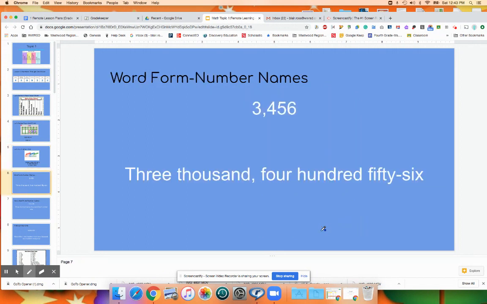So the last thing we learned in lesson 1.1 was word form, which we've always called word form. But this year they introduced it using new names, number names. So just know that word form and number names are the same thing, okay? So here is number 3,456. And I like to read the numbers aloud because then that helps me know how I'm supposed to write them.